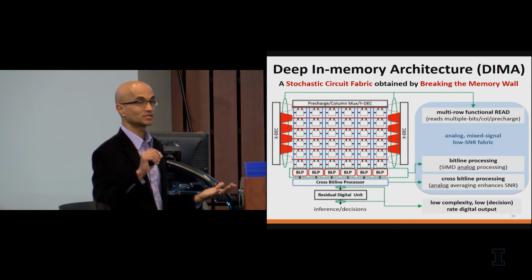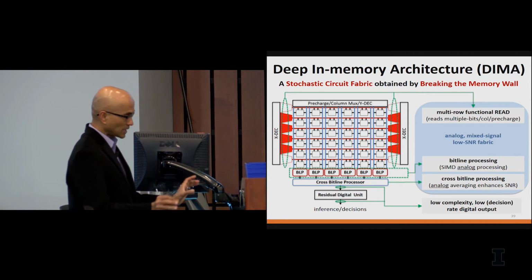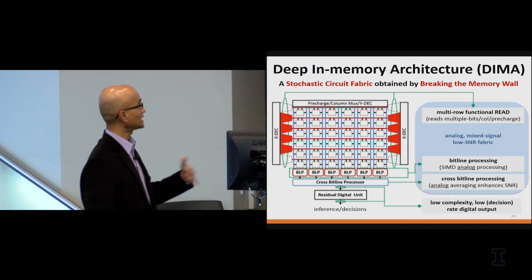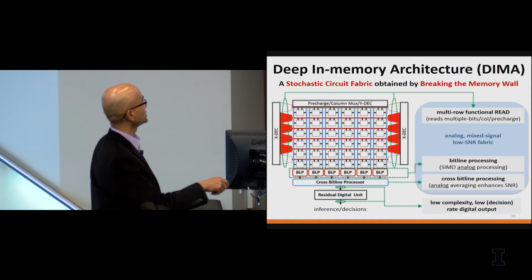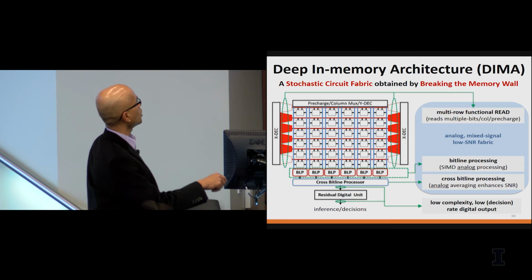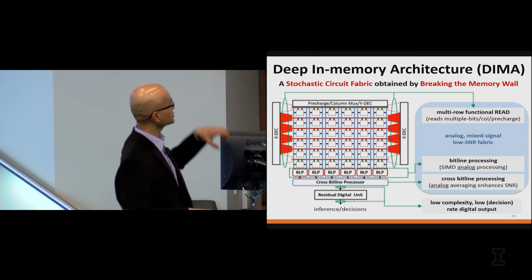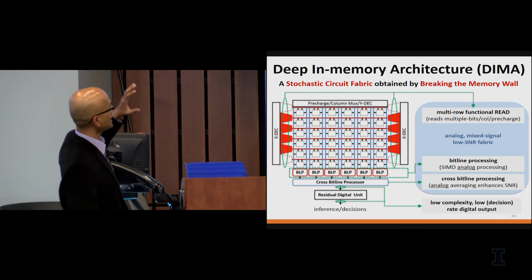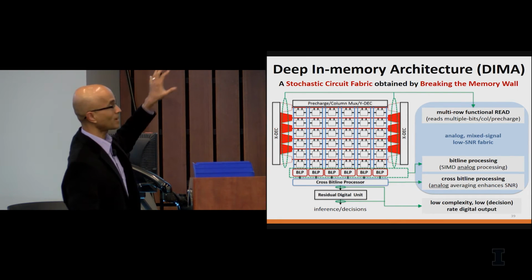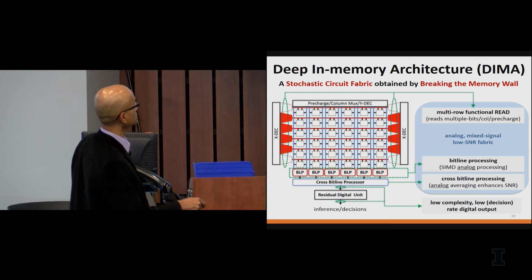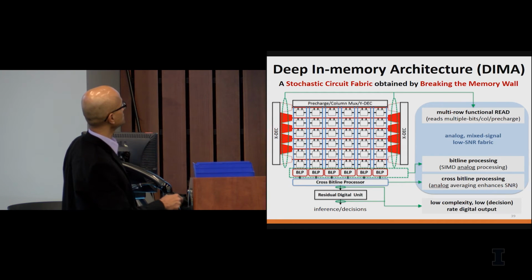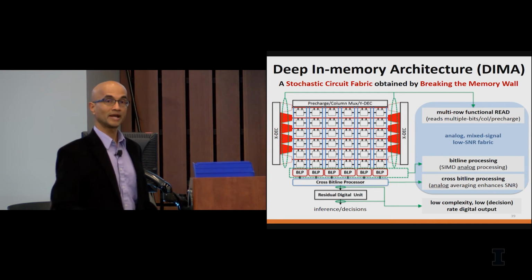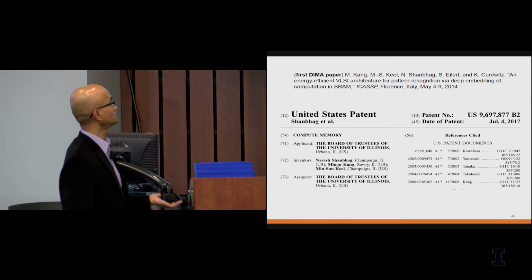But they are very expensive in terms of being separated from memory, so a lot of data has to flow from analog to digital. So what we did was to put computation next to the memory in analog, and we did it in such a way that the unreliability is managed so that you don't see it. The user will see decisions being made by this computing engine that is reliable, right?